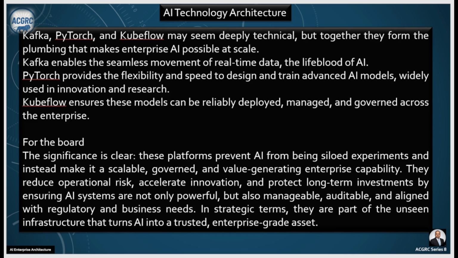PyTorch provides the flexibility and speed to design and train advanced AI models widely used in innovation and research. Kubeflow ensures these models can be reliably deployed, managed, and governed across the enterprise.